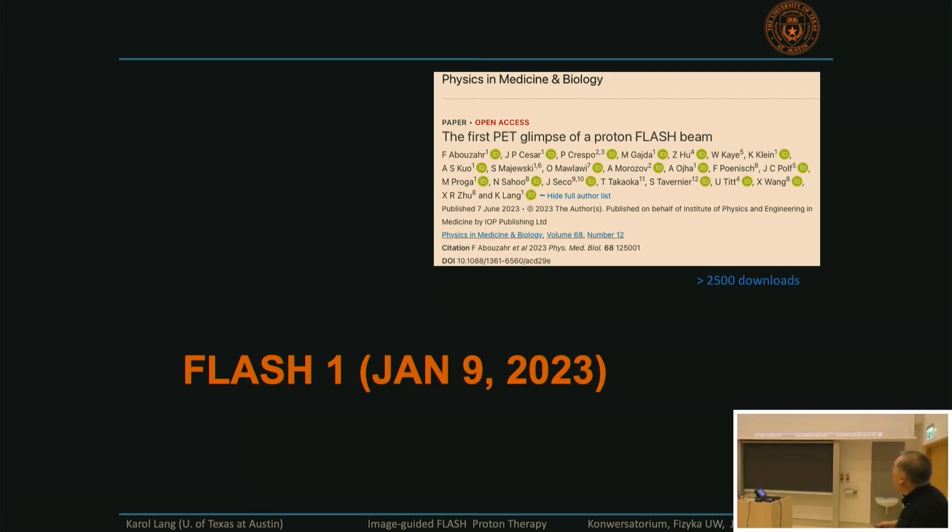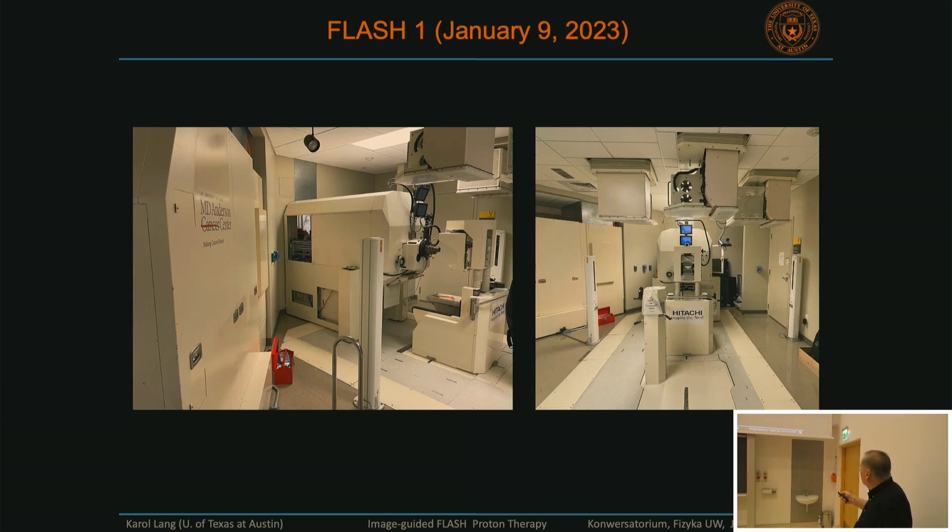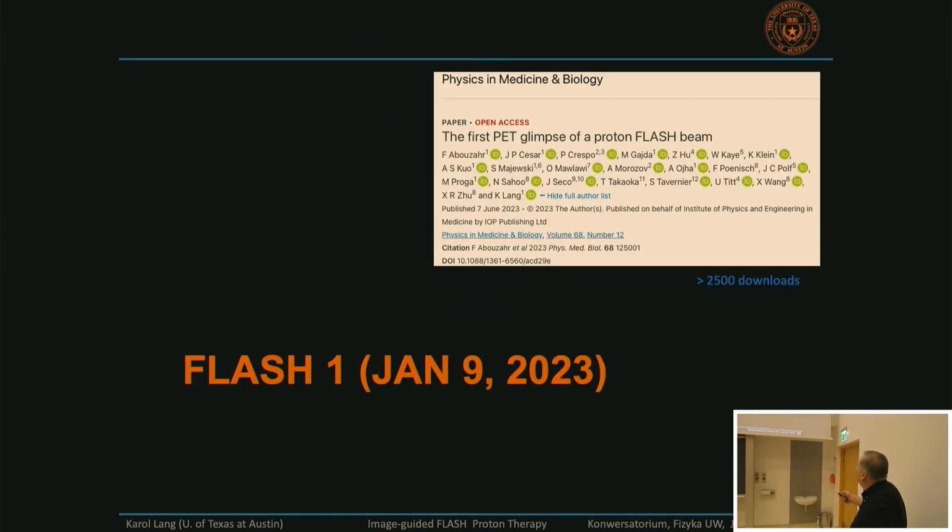And these two experiments were conducted about a year ago in the ocular beam. By the way, let me go back and only say that our first paper that was published about a year ago has more than 2,500 downloads. So now I can brag that this is quite good.